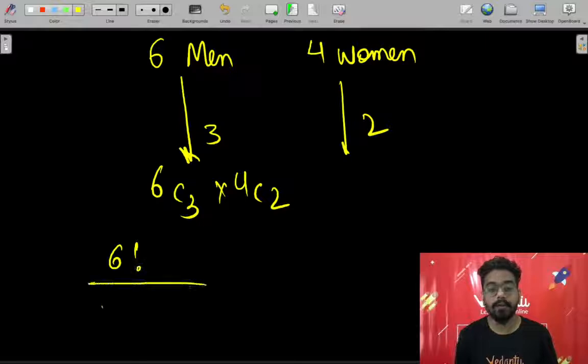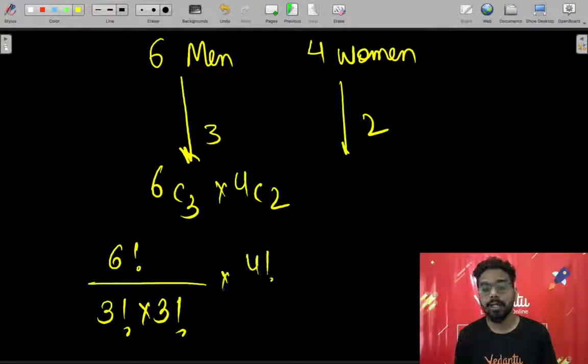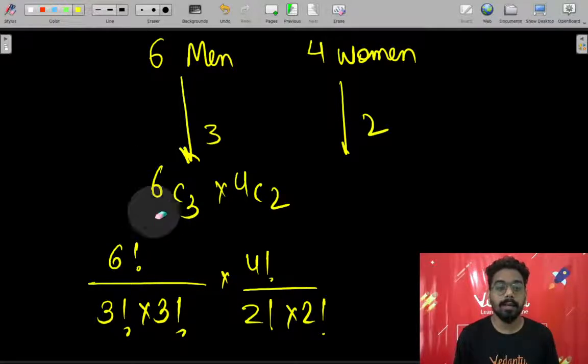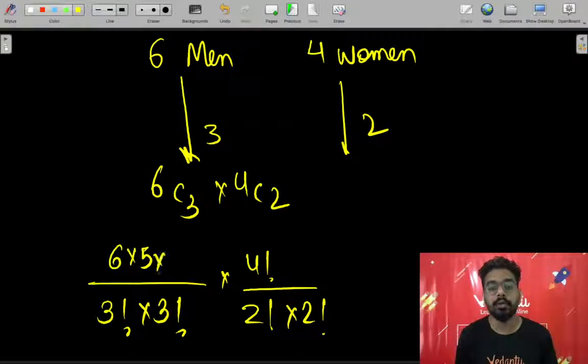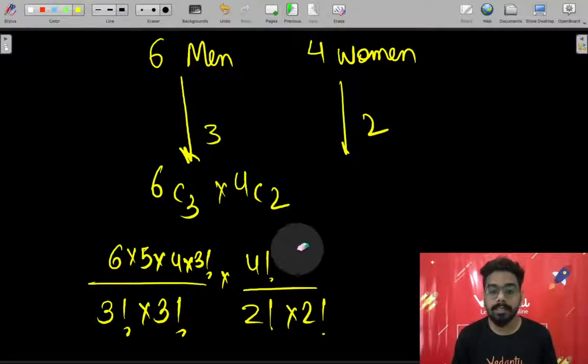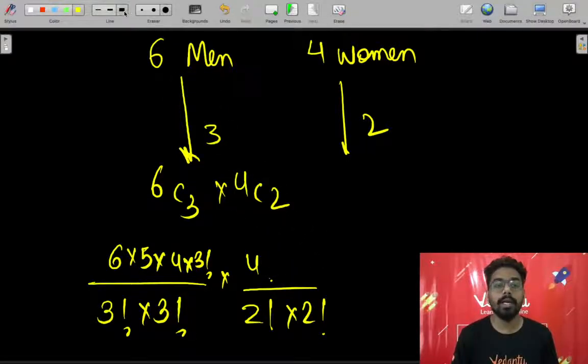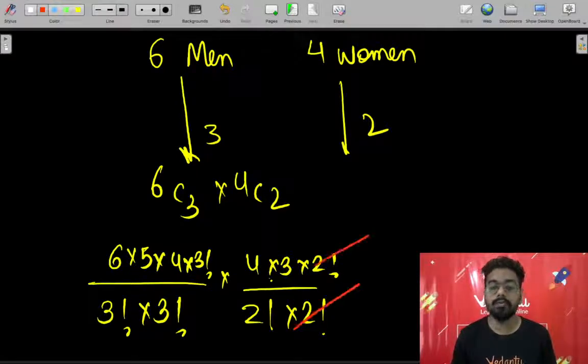What is 6C3? 6 factorial upon 3 factorial into 3 factorial, into 4 factorial upon 2 factorial into 2 factorial. Now what is 6 factorial? 6 factorial is 6 into 5 into 4 into 3 factorial, and 4 factorial is 4 into 3 into 2 factorial. So we can cancel 2 factorial with 2 factorial.